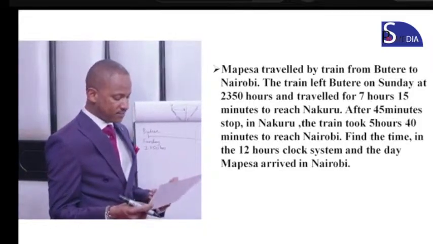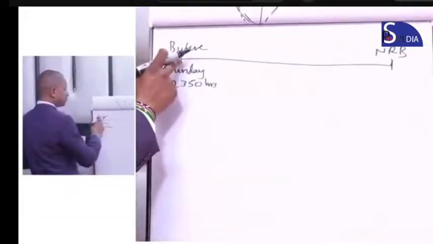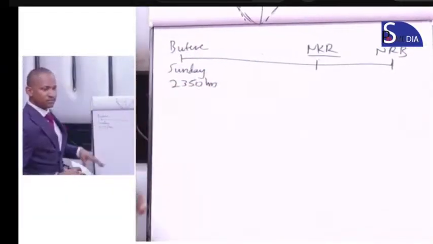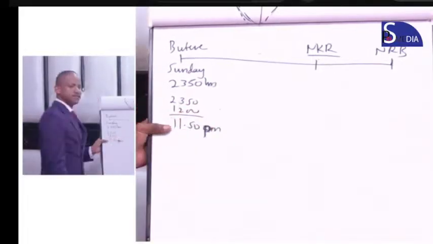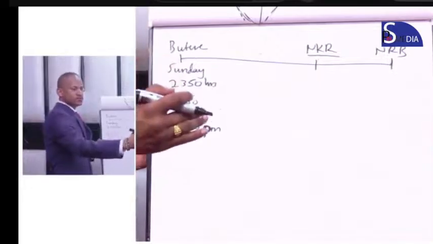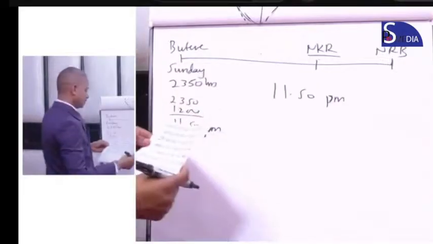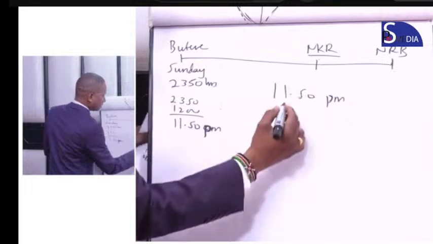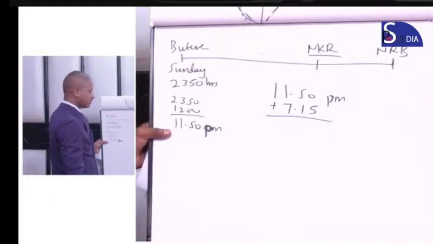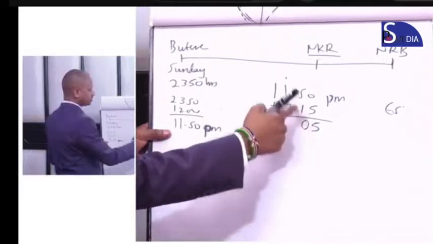In the 24-hour clock system, 23:50 minus 12:00 gives 11:50, which is 10 minutes to midnight. So 12:01 will be a Monday AM. Then you add the time it took to travel: 50 plus 15 gives 65 minutes, that is 5 carry 1.